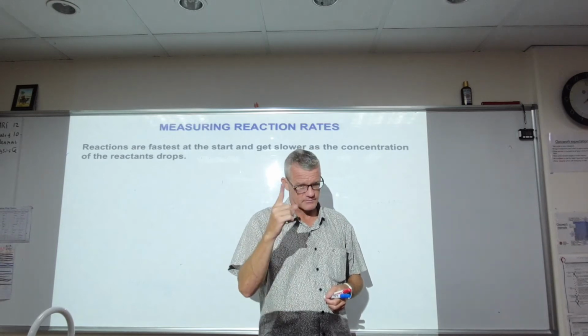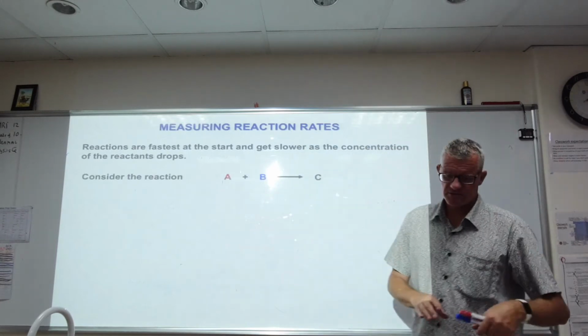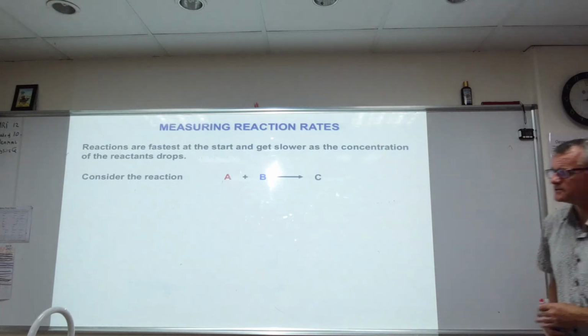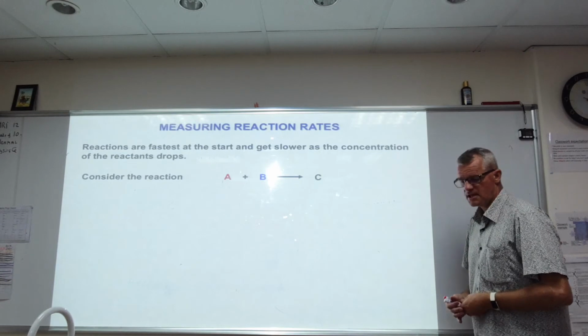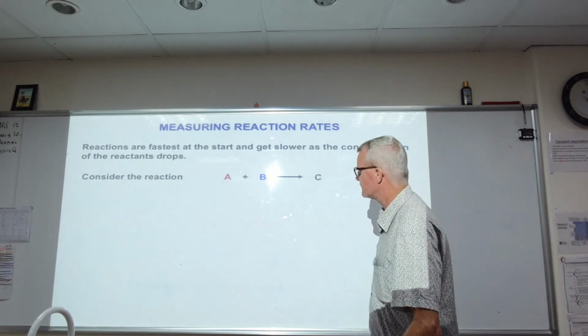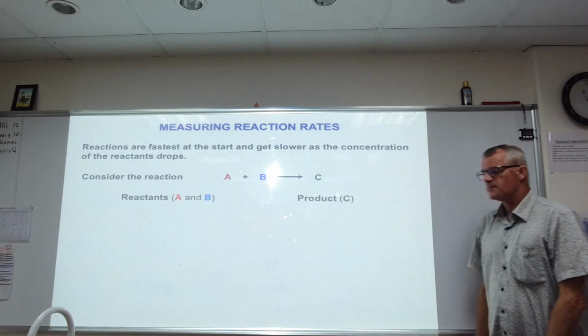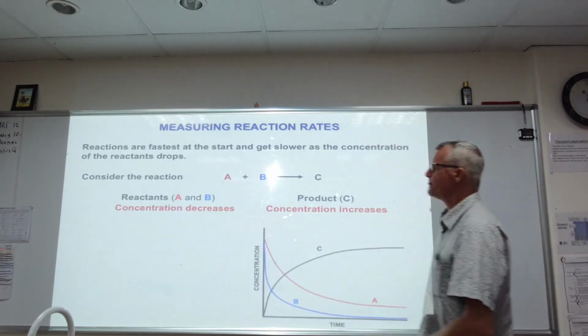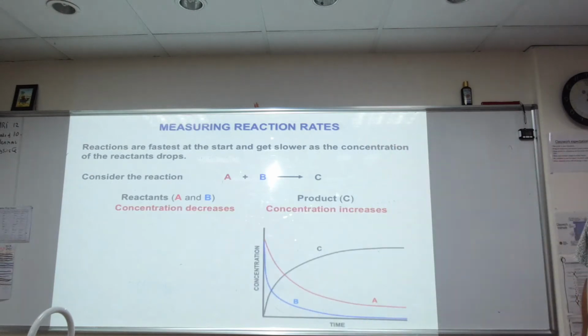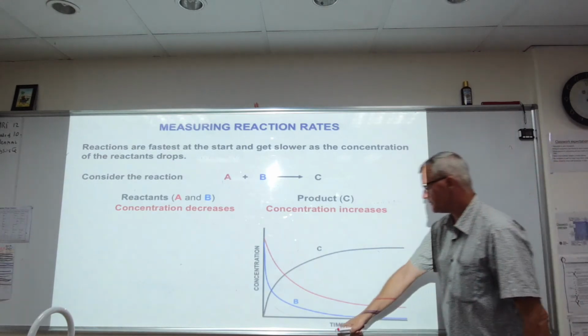Let's look at this reaction. We have reaction A plus B making C. A and B are the reactants and C is the product. Okay?